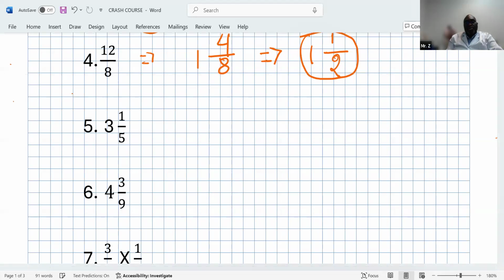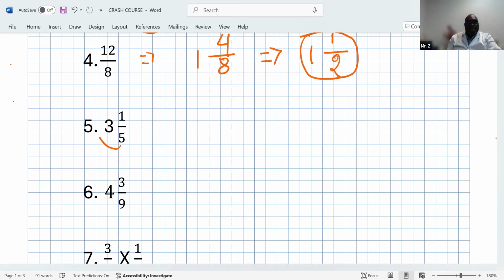As we learned, a mixed number is a combination of a whole number and what kind of fraction? A proper fraction. So in this case right here, you have 3, but how do you go from a mixed number to an improper fraction?